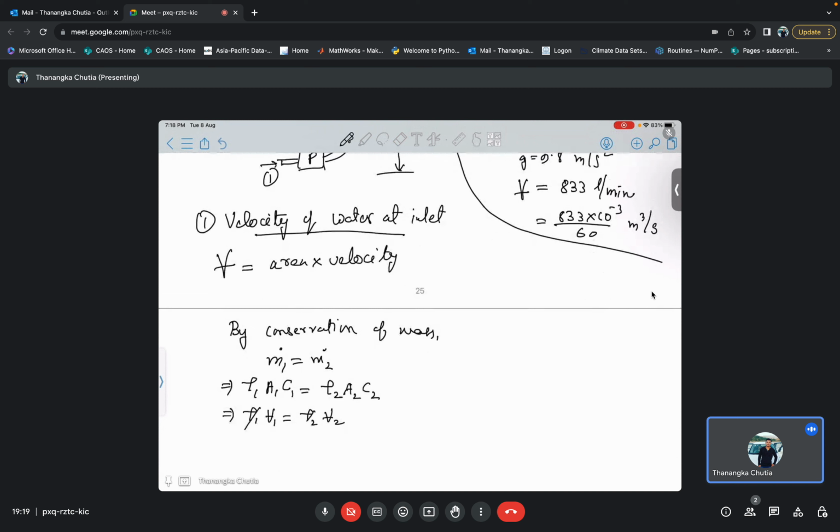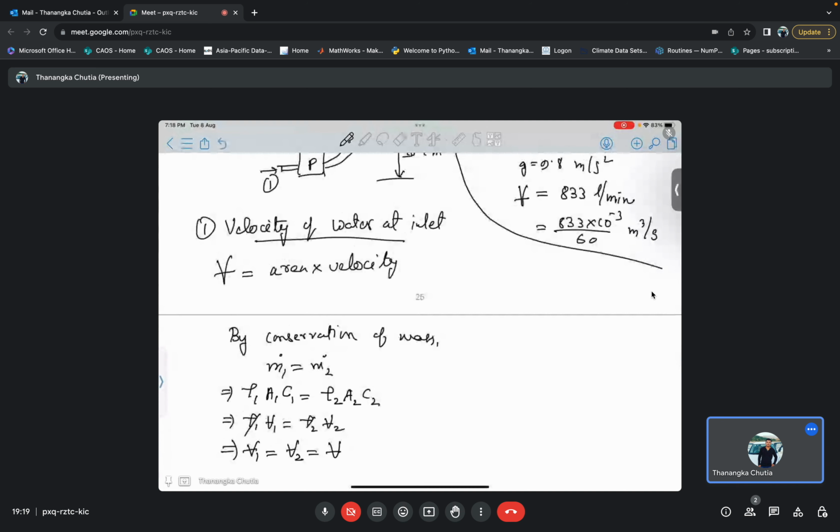So the volume flow rates are the same for the inlet and the outlet conditions. If you have to find the velocity at the inlet, therefore inlet velocity c1 is equal to my volume flow rate divided by my A1.